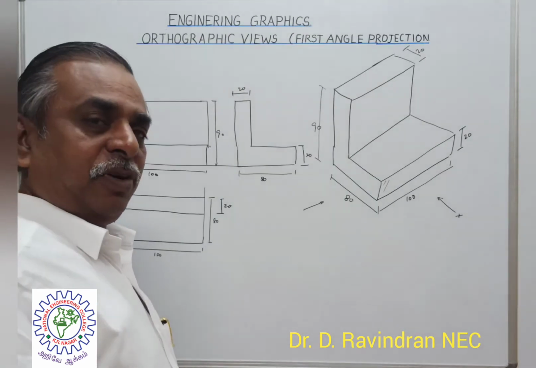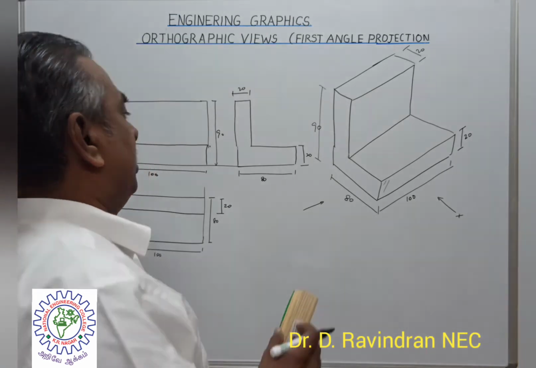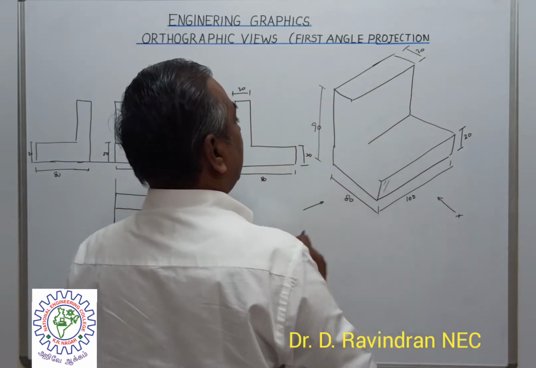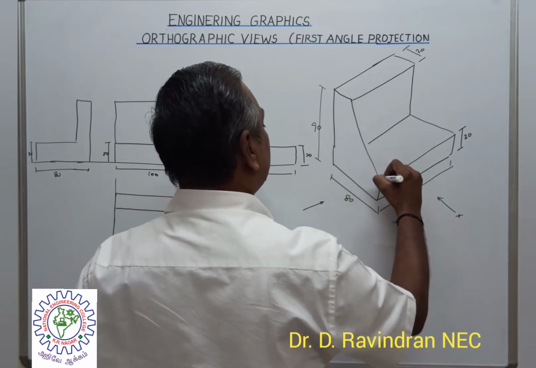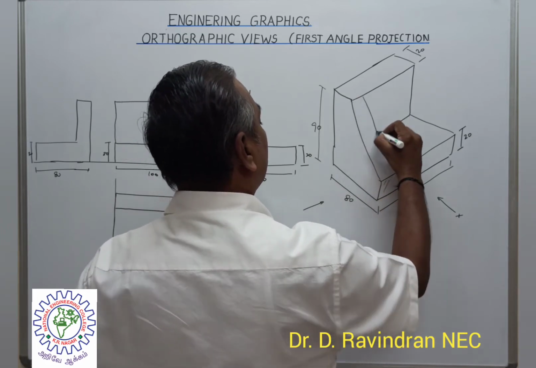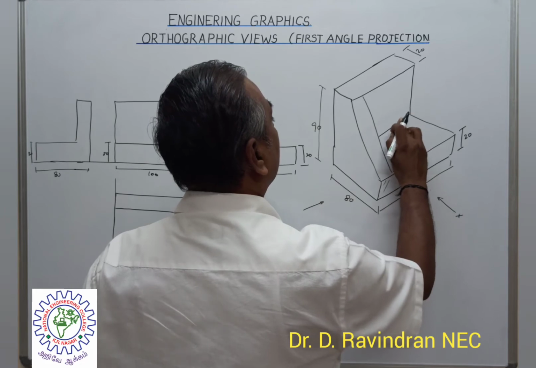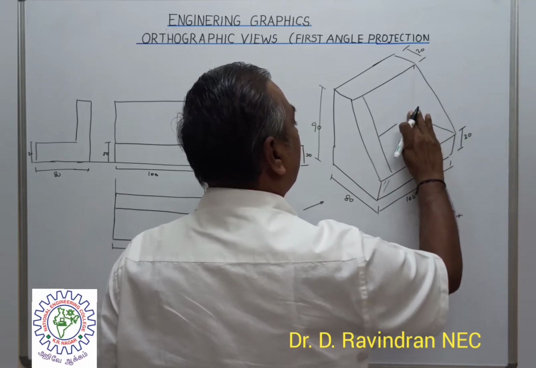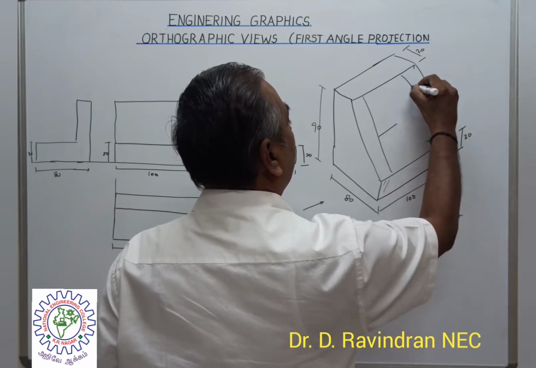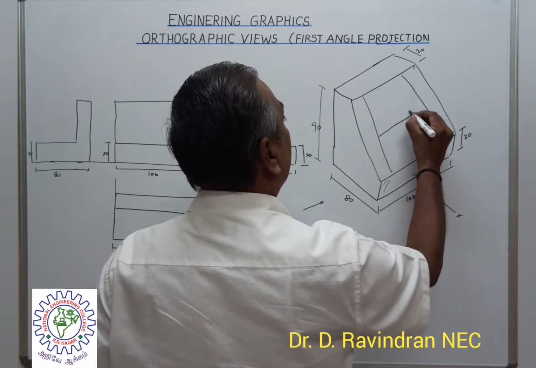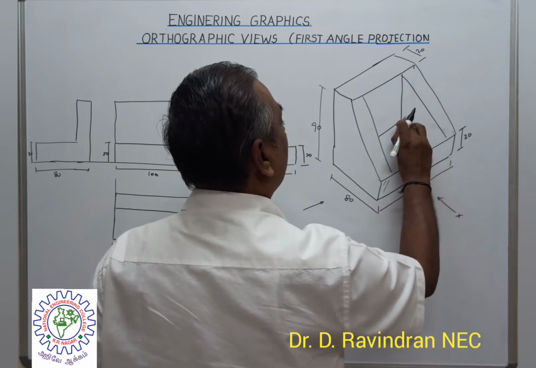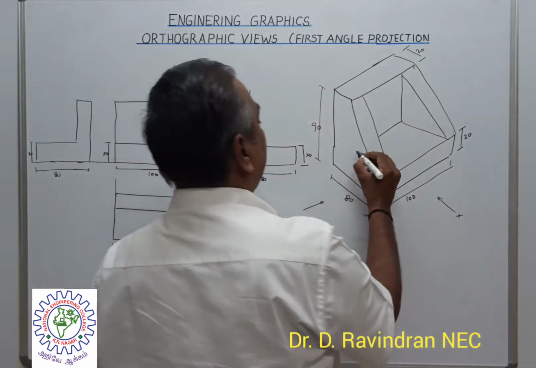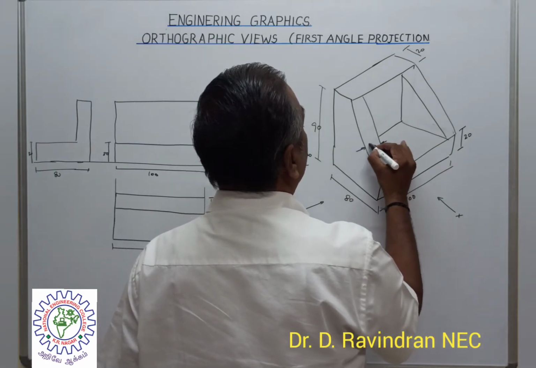Now let us further modify this object. That means here I am going to introduce one slant surface like this, of thickness 10 mm on both the sides.